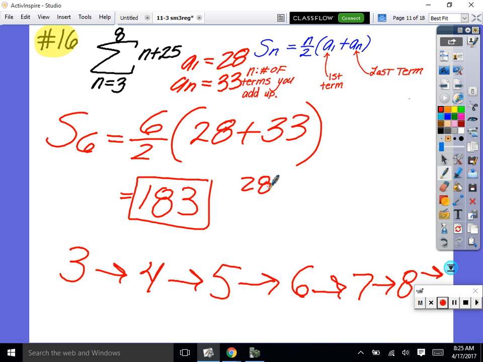If we plug in 4, what do we get? If we plug in 5, what do we get? We would keep plugging in until we plug in 8, and then add them up. So do you see how it's the same thing? It's just that this one's written out, and this one's combined into one, jam-packed.